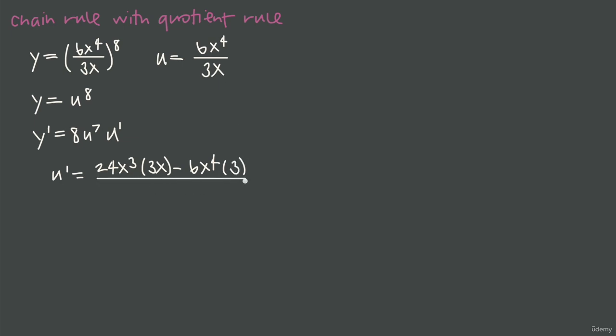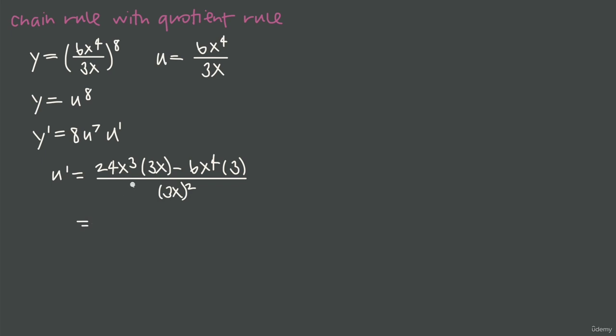And then in our denominator here of our quotient rule formula, we know that we have to take the denominator squared. So we say 3x and we raise that to the power of 2. This is the application of our quotient rule formula to this quotient here in order to find the derivative u prime.